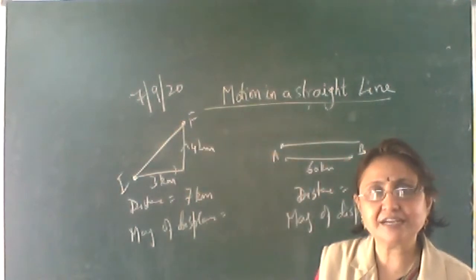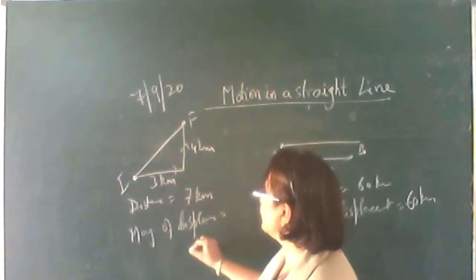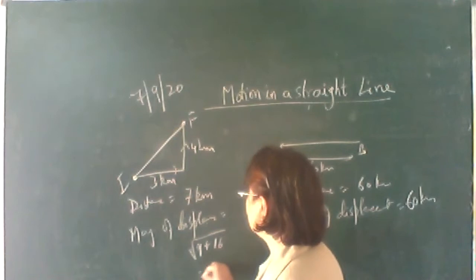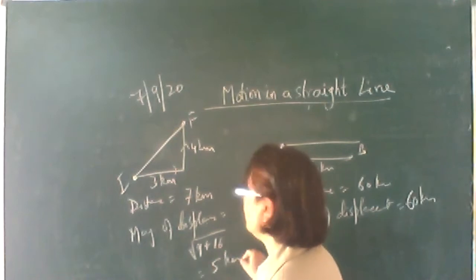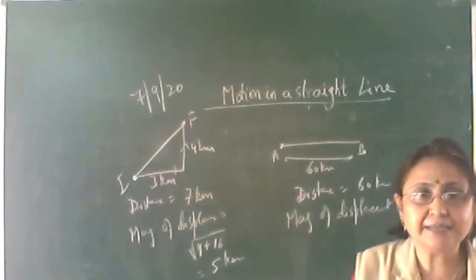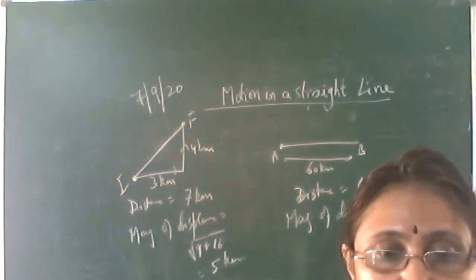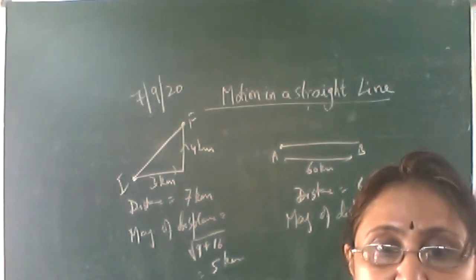As you see, it is a right angle triangle. So the magnitude of displacement is under root 9 plus 16, root of 25, which is 5 kilometers. So the magnitude of the displacement is less than the distance traveled. Either it can be equal to the distance traveled or it will be less than the distance traveled.